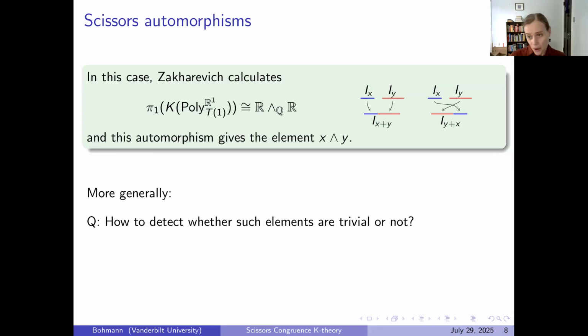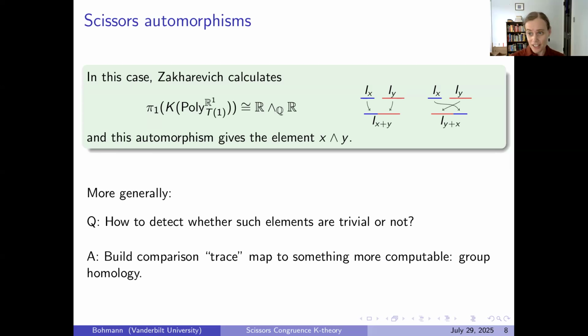Okay, but more generally, this is a very simple case where the geometry is very simple and the subgroup we're looking at is quite straightforward. What about more generally? How could we try to understand the elements of these higher scissors congruence groups, these higher homotopy groups of K-theory spectra, and tell whether they're trivial or not? And what could we do if we just want to understand more general cases?